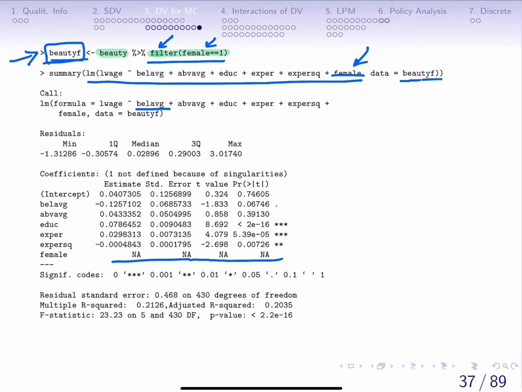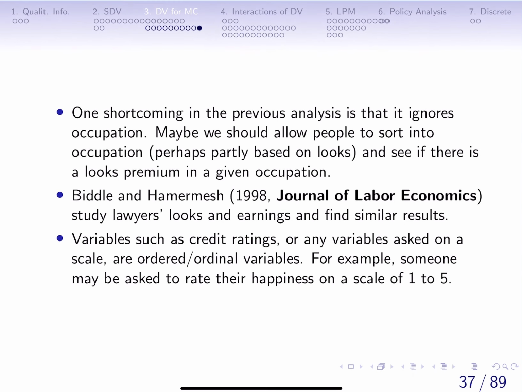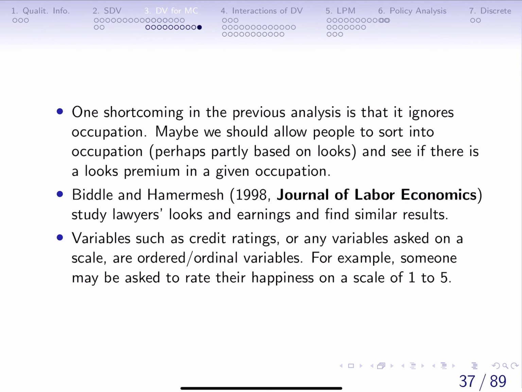But it's basically giving us that below average looks is marginally significant here. And this is probably because we only are looking at 430 observations. So we don't have a lot of females in the sample.